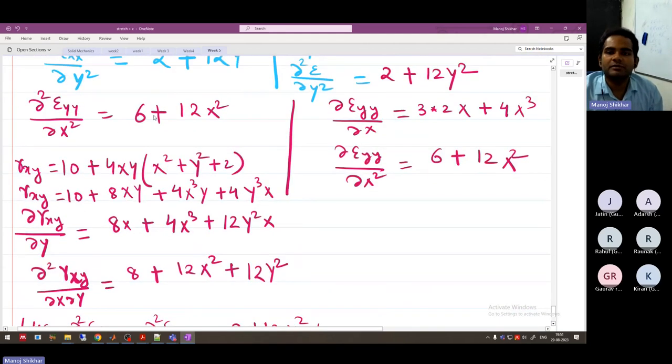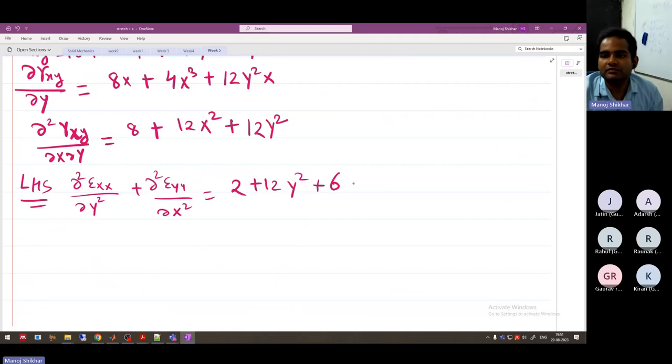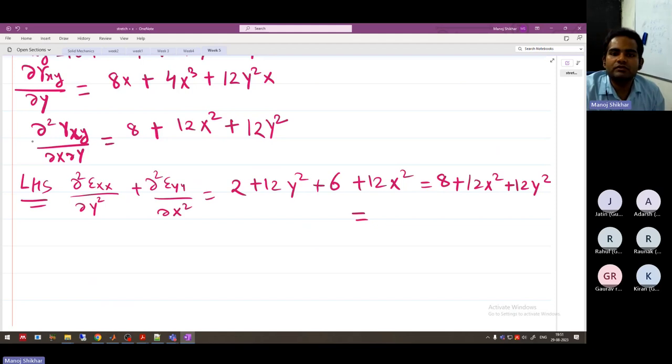From the second term, it is 6 plus 12x square. So this is 8 plus 12x square plus 12y square, which is equal to, from this equation, del 2 gamma xy by del x del y.